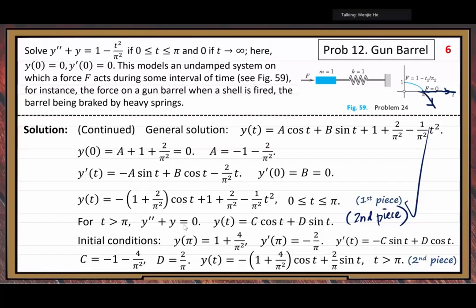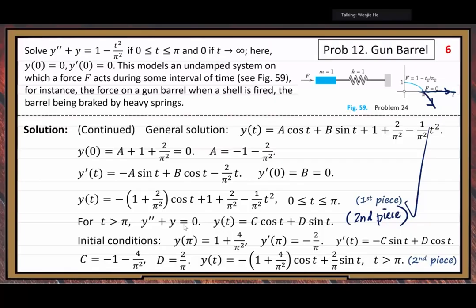Why can we do it? Because the y function is continuous. When two pieces of a continuous function join at one point, they have the same value. So we use the continuity of the y function.